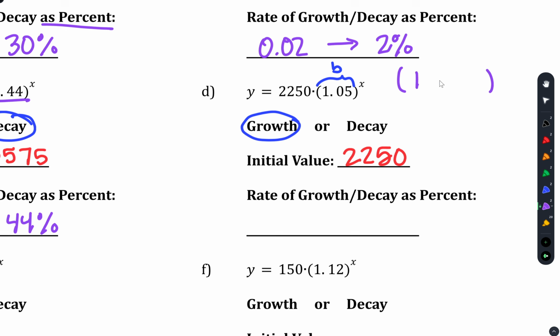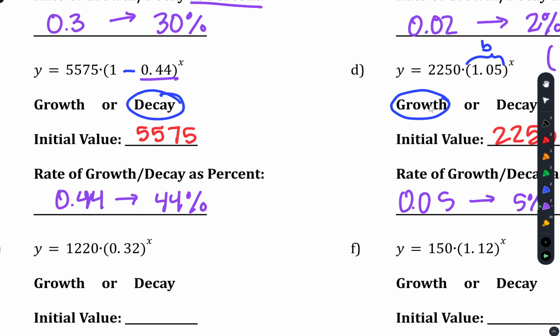So this is like 1 plus 0.05. 0.05 is the rate. So my rate is 0.05. So that means my percent is 5%. Does that make sense what I'm saying here? This is like a weird, tricky thing.